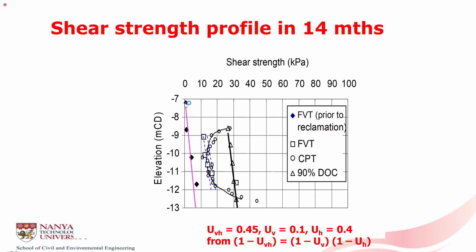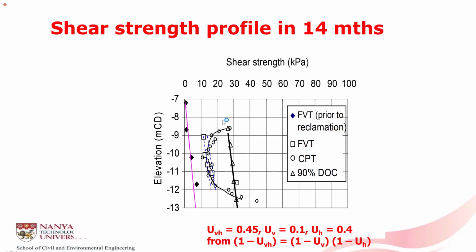So if you use the initial vane shear profile, you can assume let's say for 90% degree of consolidation, your undrained shear strength is going to increase by how much. You can calculate this using a simple calculation. So this will be the undrained shear strength when 90% degree of consolidation has been achieved.